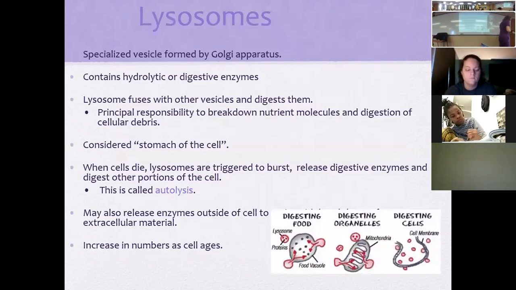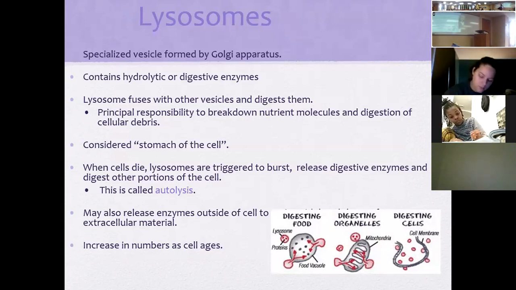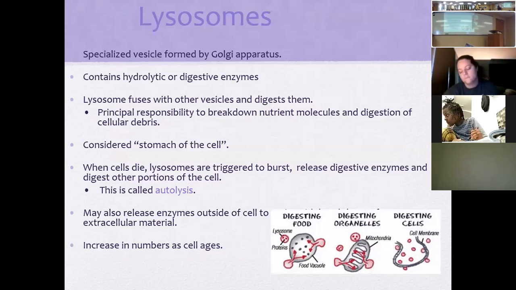Lysosomes, these were the destruction. These have an enzyme that will destroy debris and foreign invaders, but at the same time also destroy the cell at the right time. As the cell ages, we get more and more of these, and when they are signaled, they all release their enzymes at the same time, and it causes destruction of the cell.